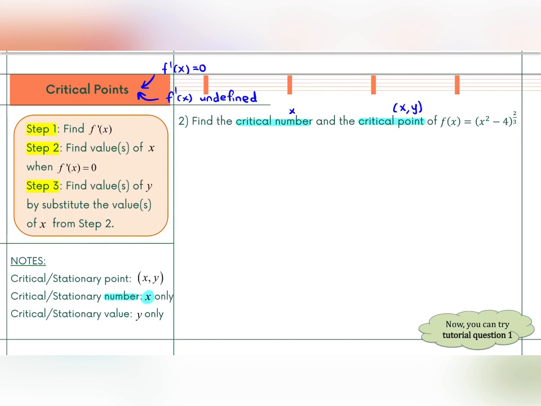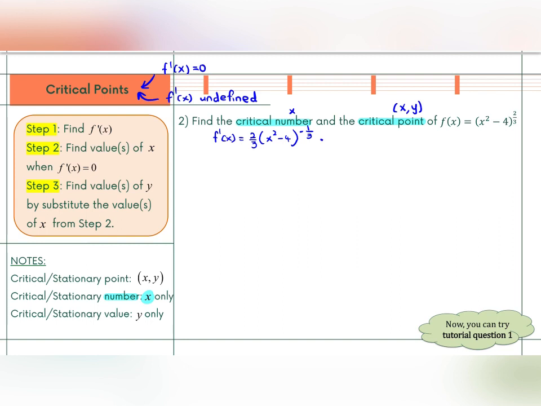Okay, so dekat sini, our fx adalah x squared minus 4 to the power of 2 over 3. So, let's differentiate. So, f prime x is equals to 2 over 3. And then, dalamnya salin je x squared minus 4 to the power of 2 over 3 minus 1, kita akan dapat negative 1 over 3.